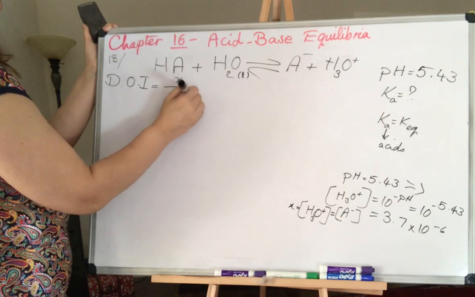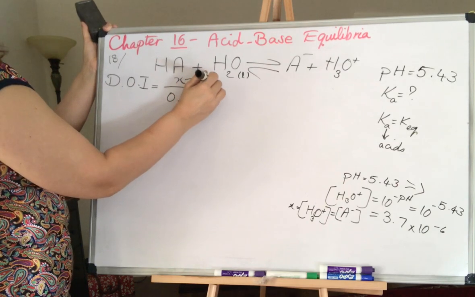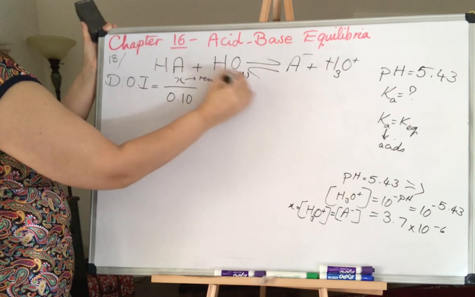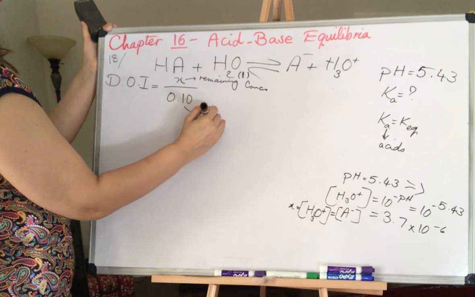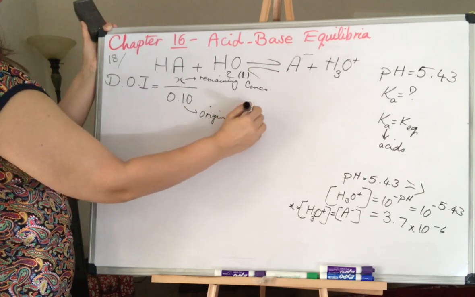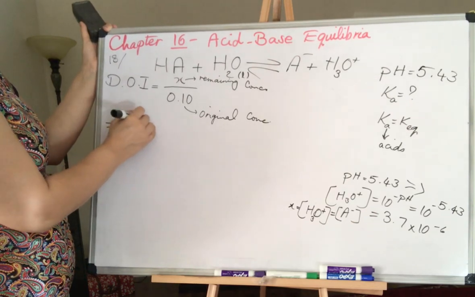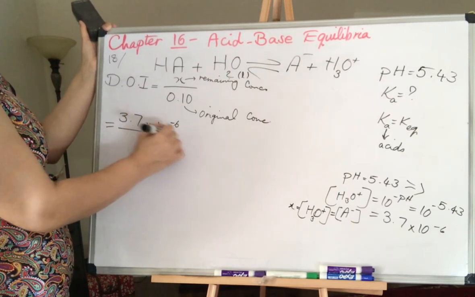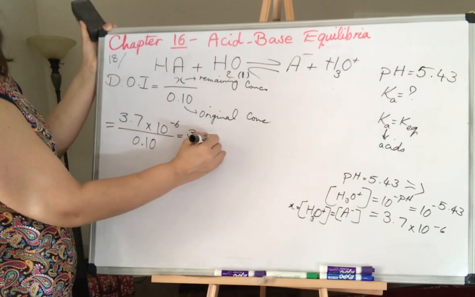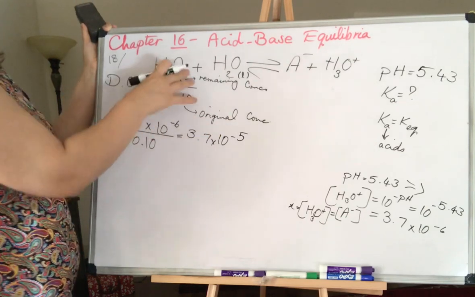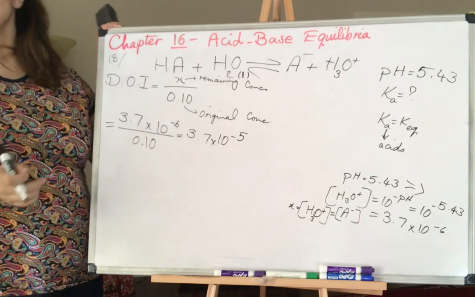Divided by the initial concentration, the original concentration. So what was X? 3.7 times 10 to negative 6 divided by 0.10. It's going to be 3.7 times 10 to negative 5. So the amount ionized at equilibrium, divided by the original concentration, is going to give you the degree of ionization.